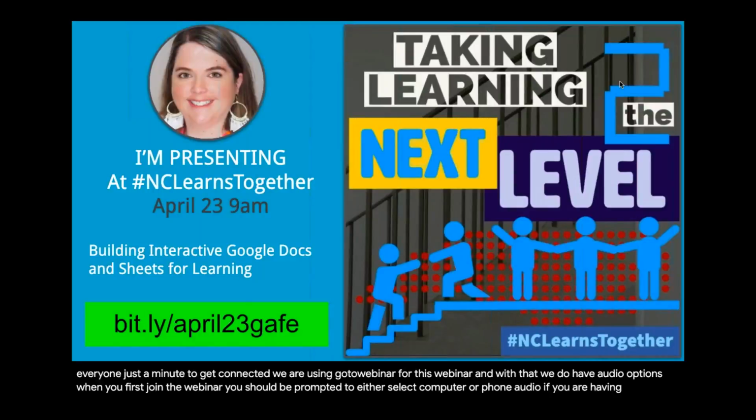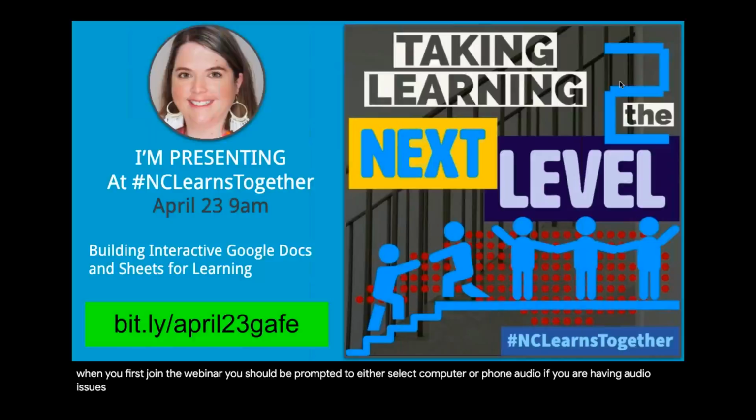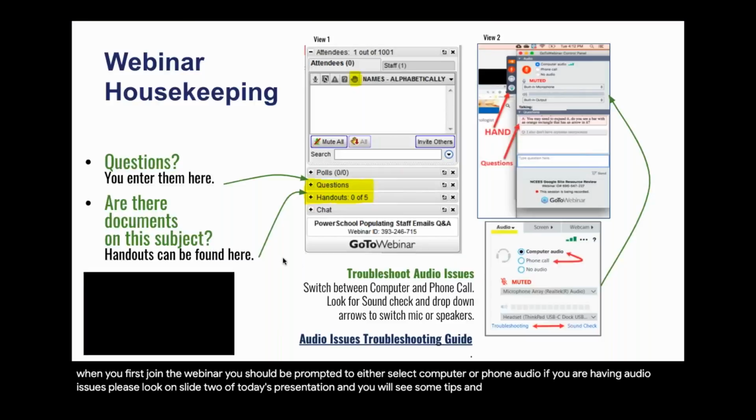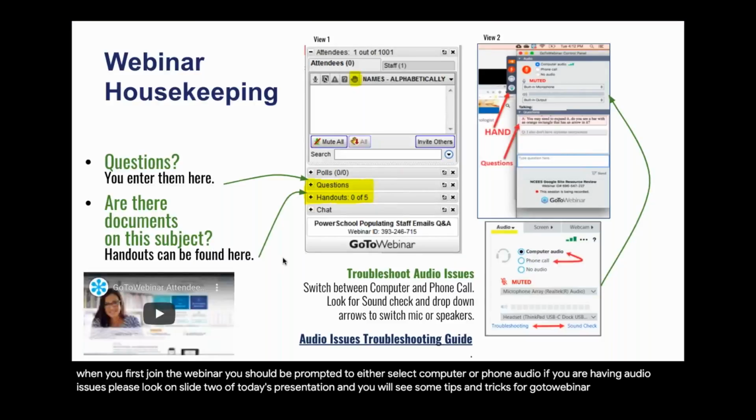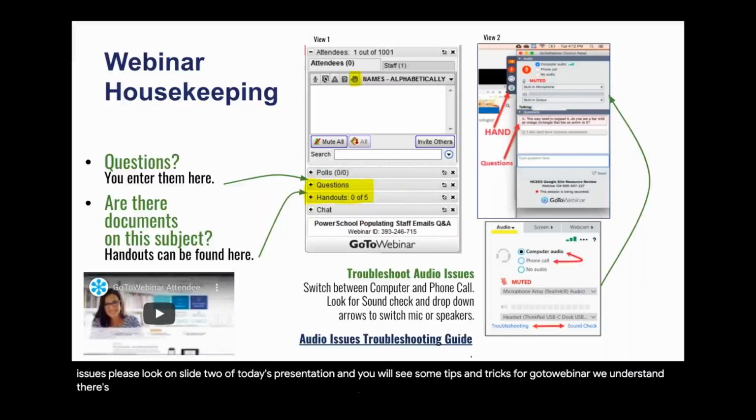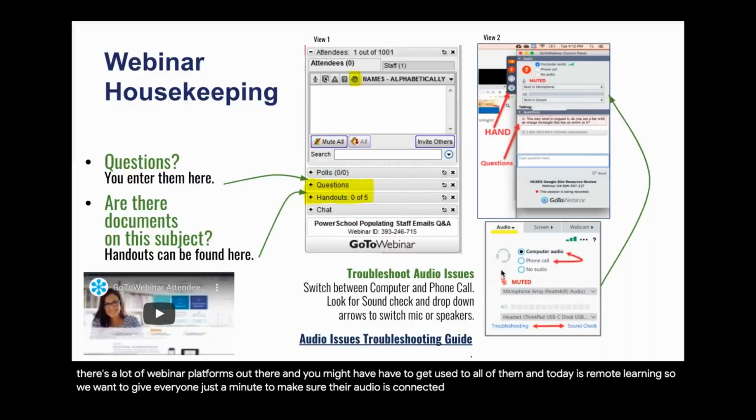If you are having audio issues, please look on slide 2 of today's presentation, and you will see some tips and tricks for GoToWebinar. We understand there's a lot of webinar platforms out there, and you might have to get used to all of them in today's remote learning. So we want to give everyone just a minute to make sure their audio is connected.